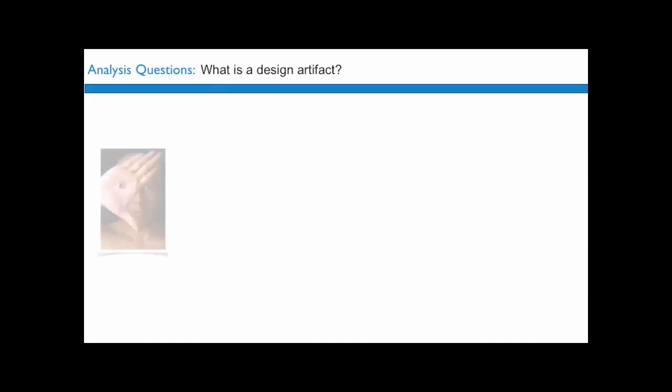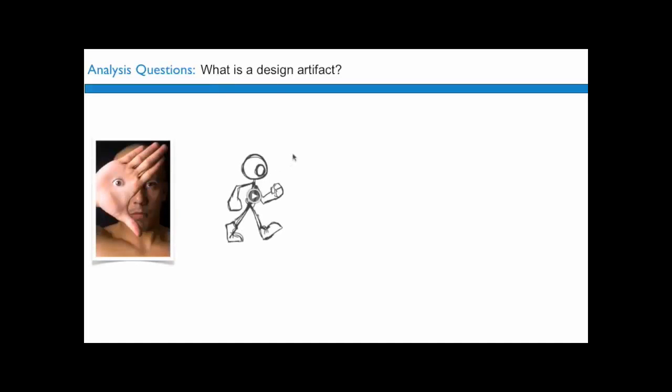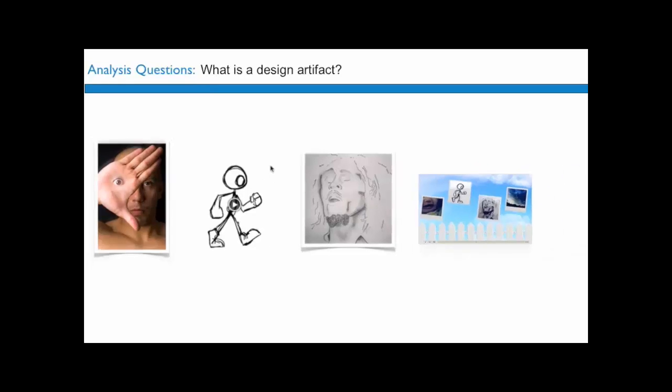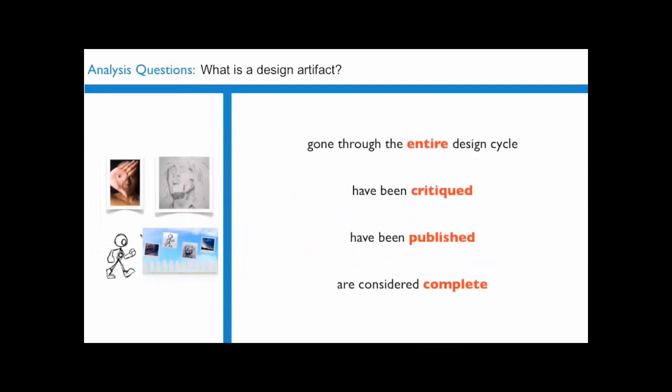Examples of design artifacts may include, but are not limited to, a photograph, an animation, an illustration, or a multimedia presentation. What each of these artifacts have in common is that they have gone through the entire design cycle, they have been critiqued, they have been published, and they are now considered complete.